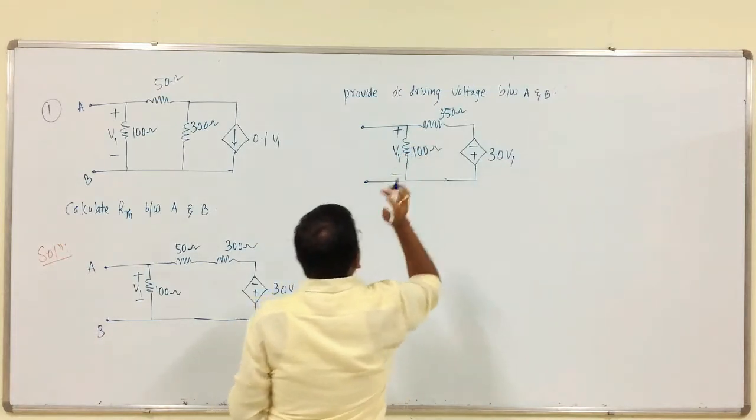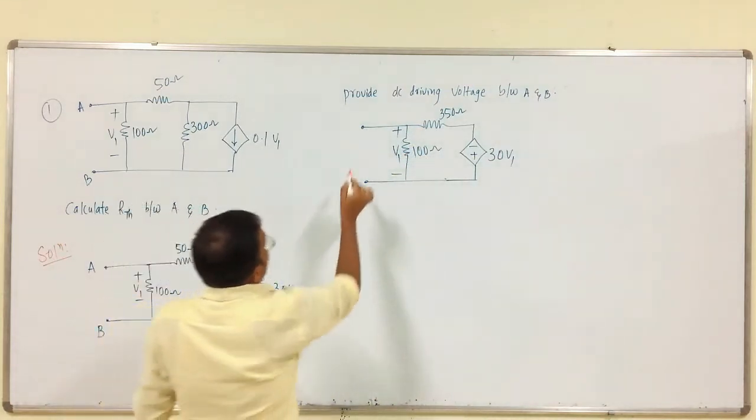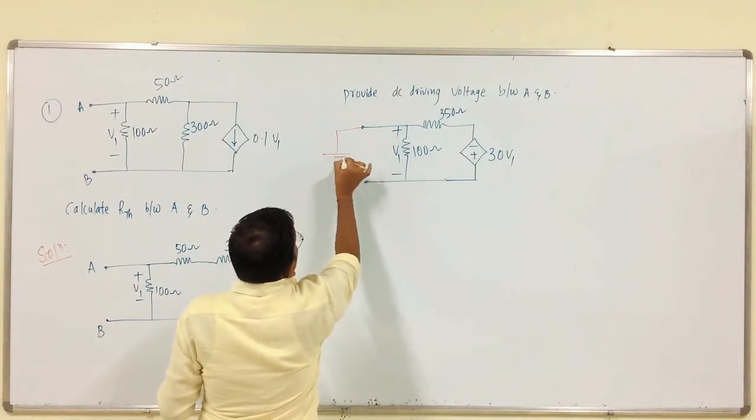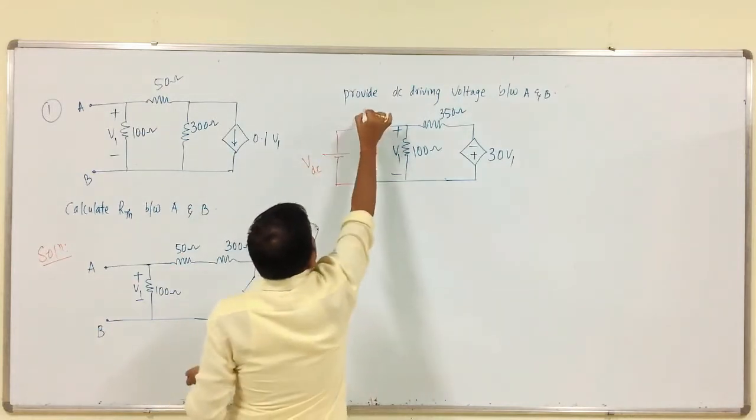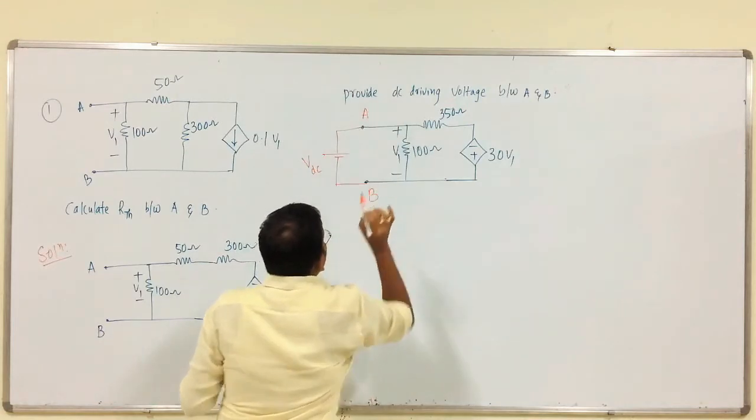So, between these two open circuit terminals, we have to provide VDC, right. This is A, this is B.